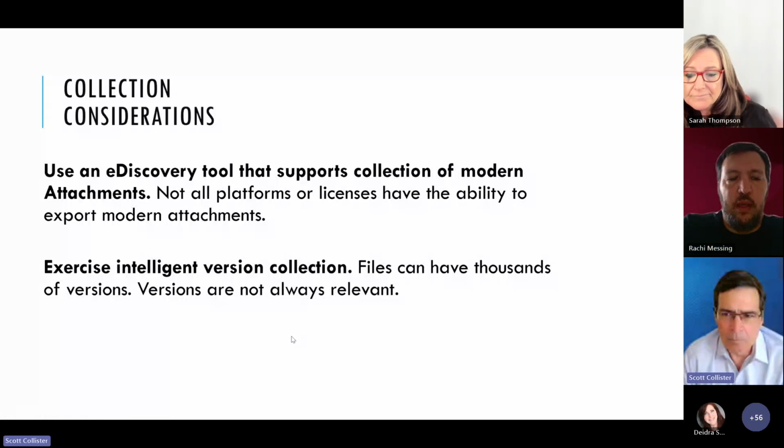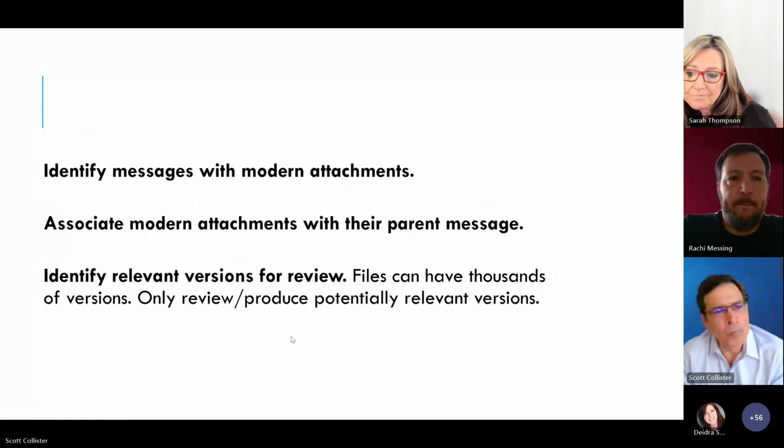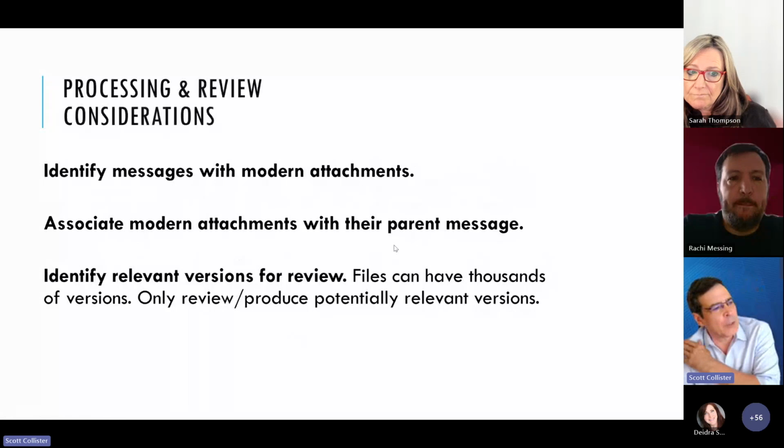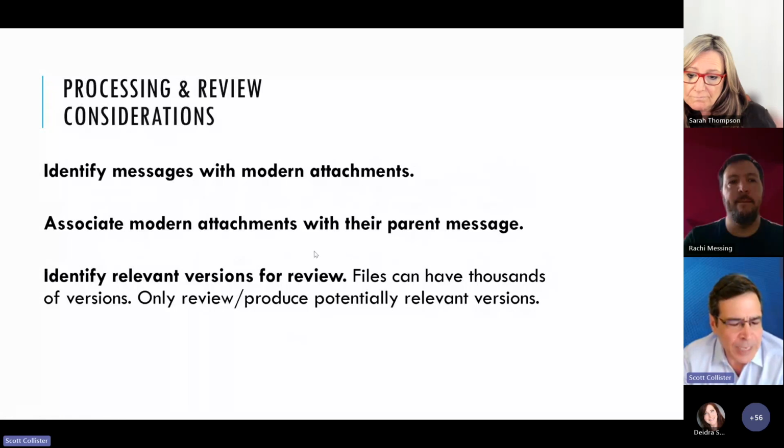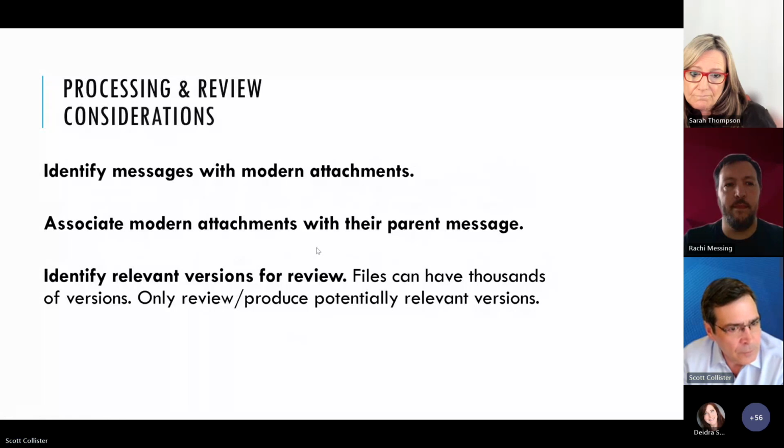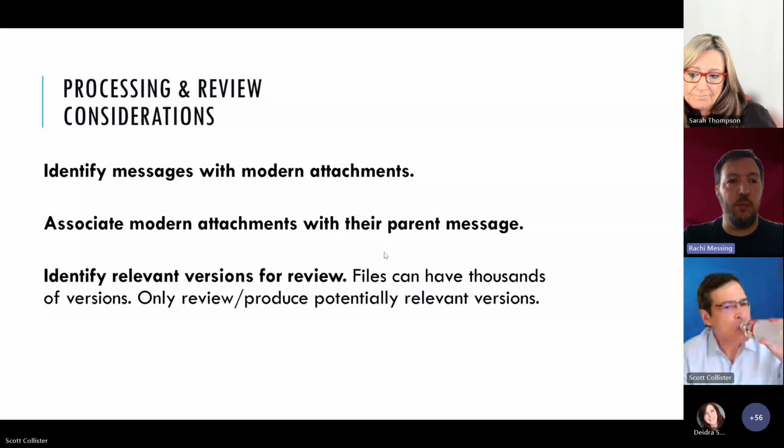So, 100%. In terms of processing and review, modern attachments present their own challenges. What are some of the challenges that we have with processing and review of modern attachments? So again, there's a lot of different processing tools out there, and how they process and what they do during processing can make a difference.